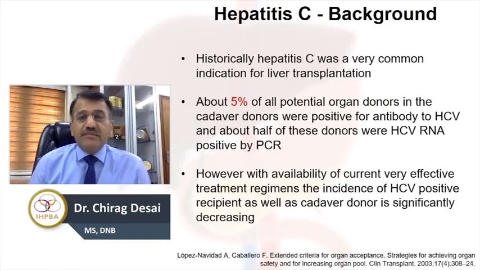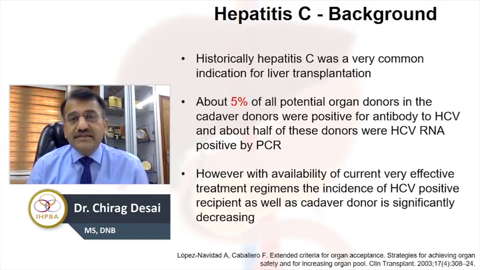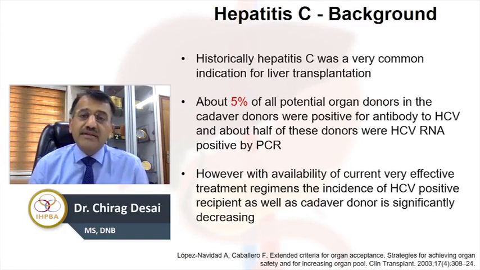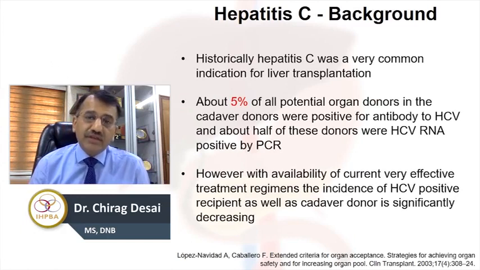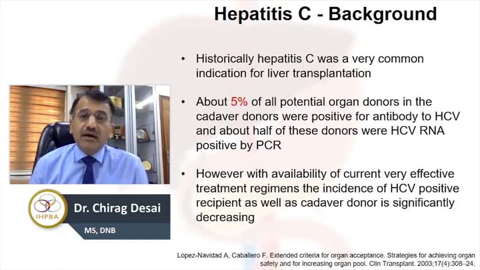The incidence of hepatitis C in donors as well as recipients is reducing. The need for transplant in hepatitis C is also going to be reducing now because of the availability of newer modalities, and hence more and more hepatitis C is cured without transplant, and the incidence of hepatitis C in donors is also reducing.